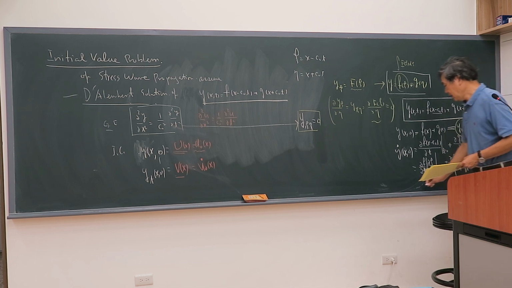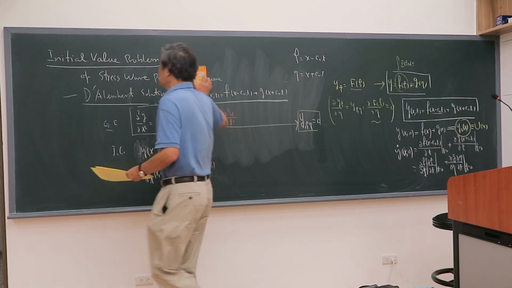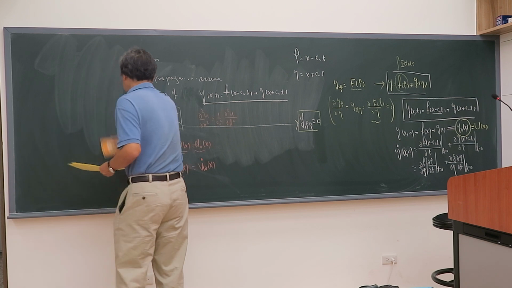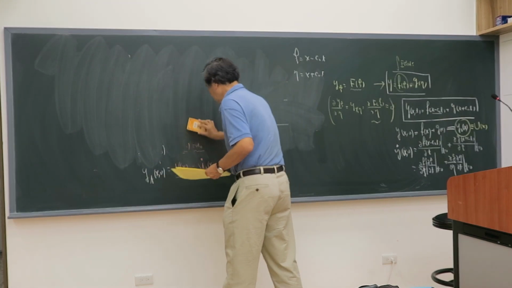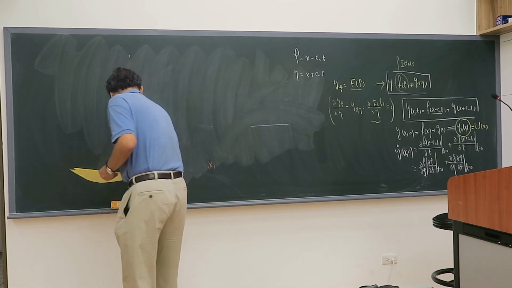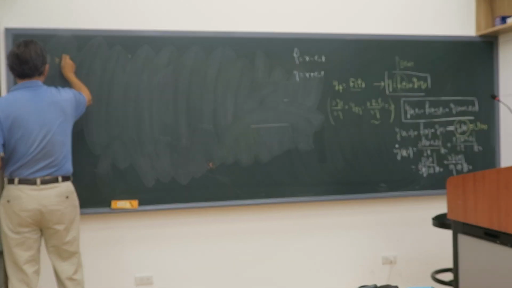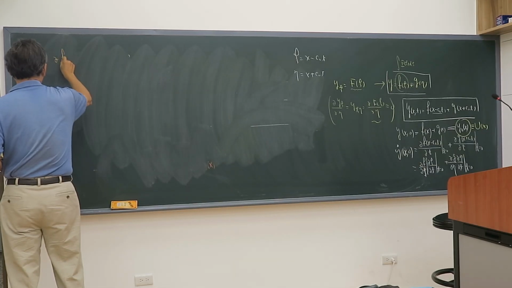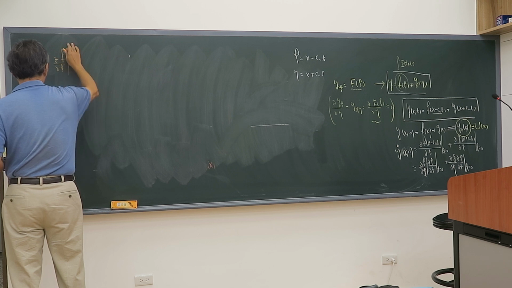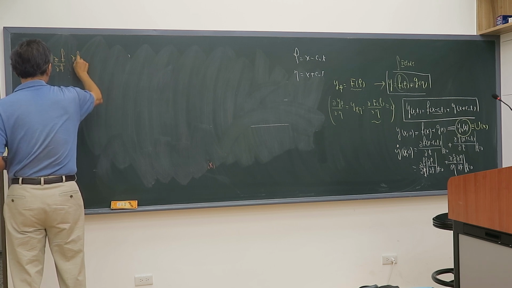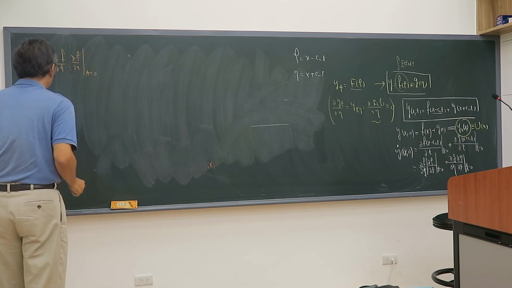Okay, and partial f, partial xi and partial xi, partial t at t equal to 0, right?